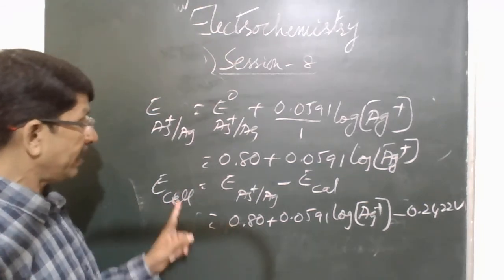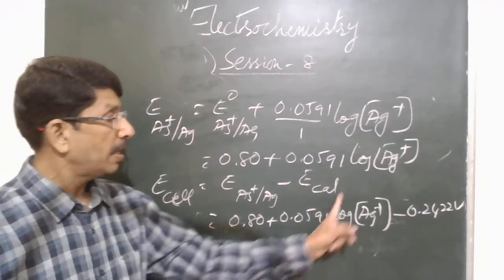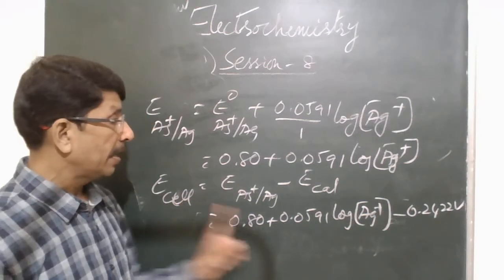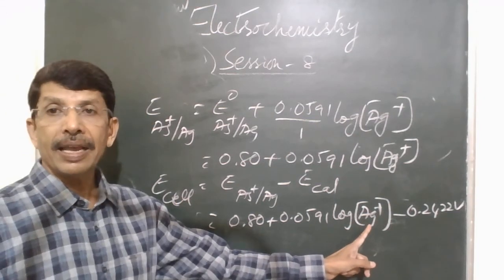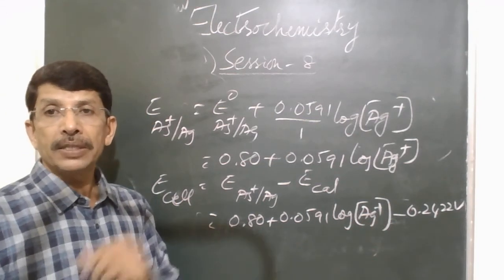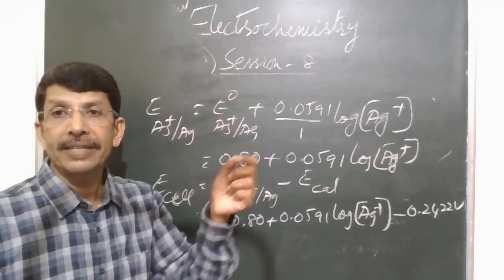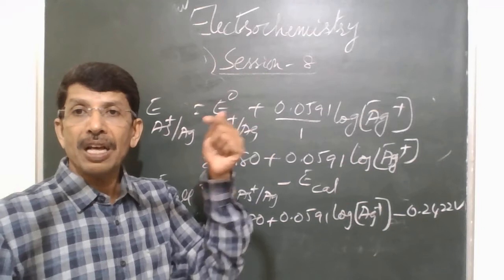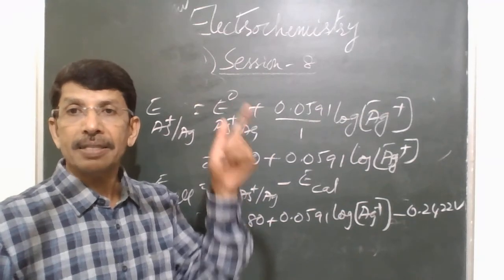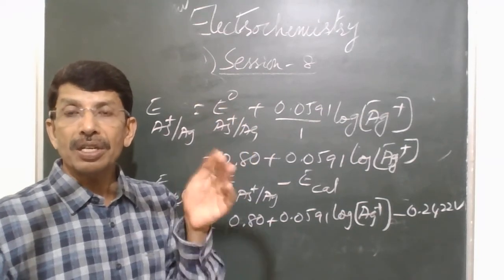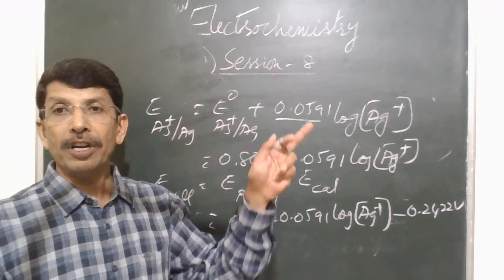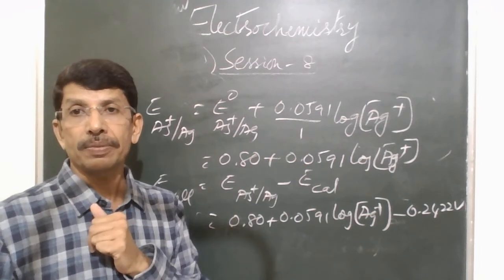When we look at the expression for EMF of the cell, EMF varies with the silver ion concentration. Therefore, when you titrate silver nitrate solution against standard KCl solution, with the addition of aliquots of KCl, silver ion concentration goes on decreasing, therefore EMF decreases.